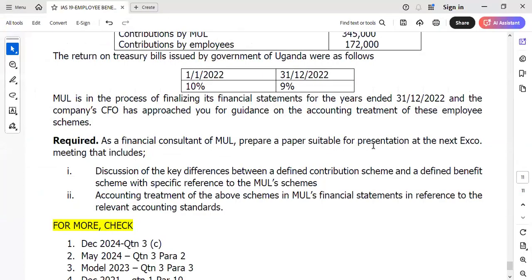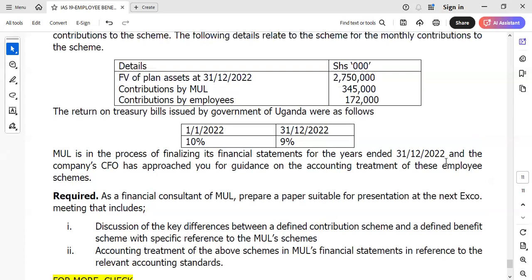As a financial consultant, prepare a paper suitable for the presentation at the next meeting. Moore is in the process of finalizing its scheme and the company CFO has approached you.